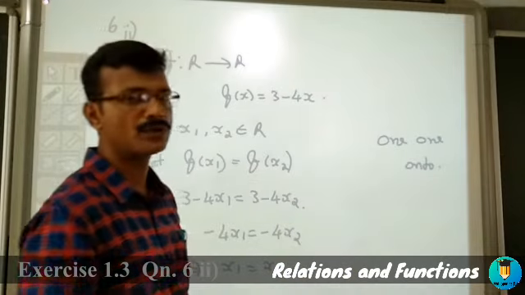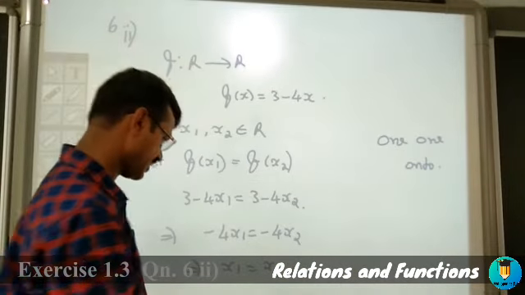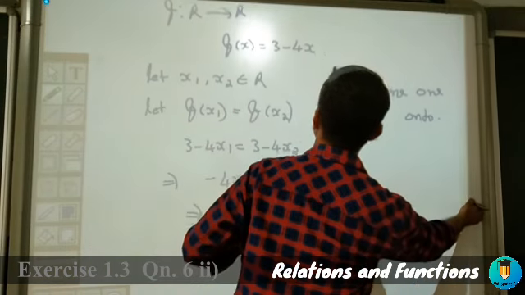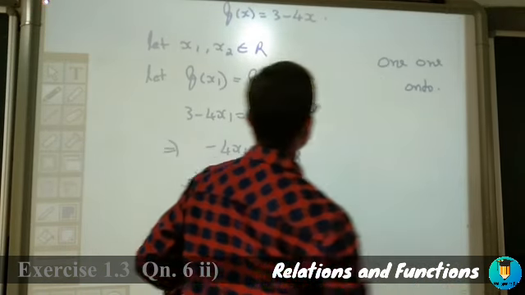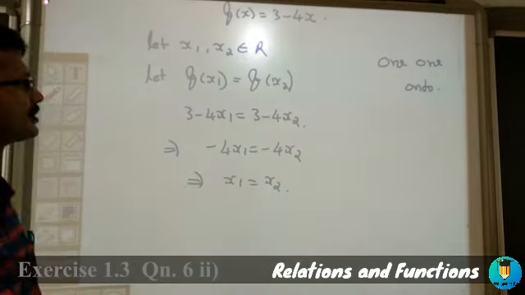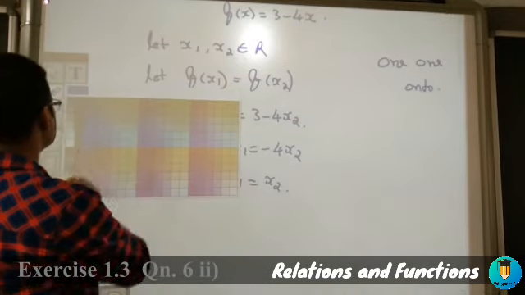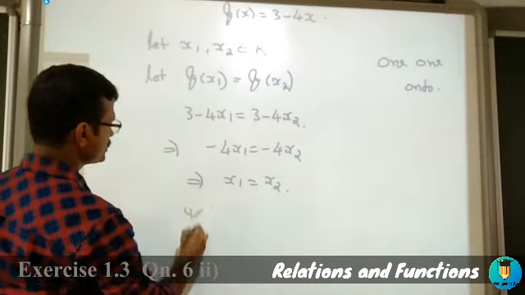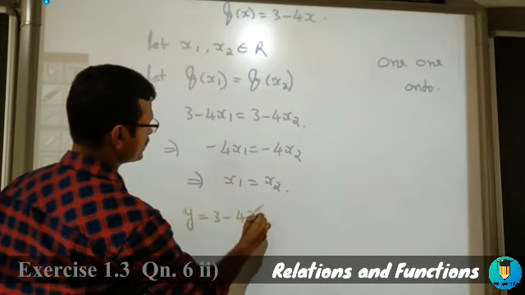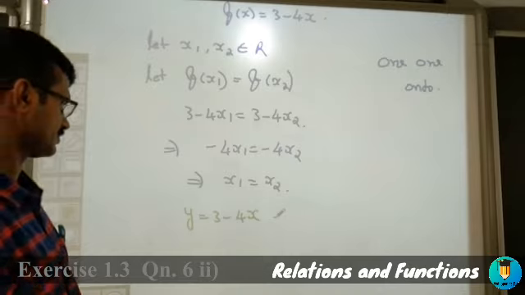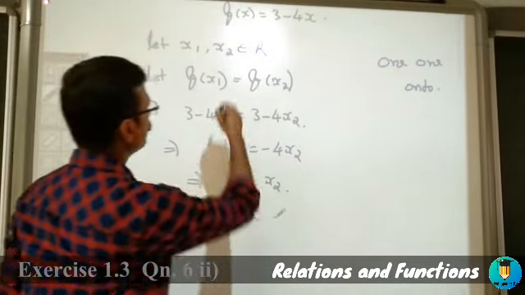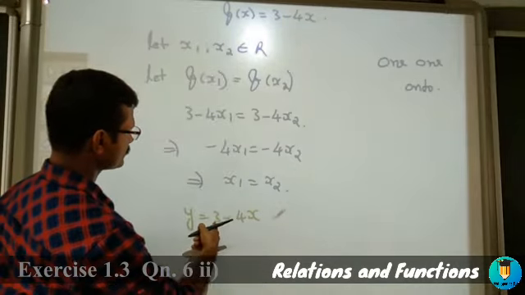Now I have to prove it is an onto function. Onto means we have to prove that all the elements have pre-images. I take y is equal to 3 minus 4x, where y is a real number.